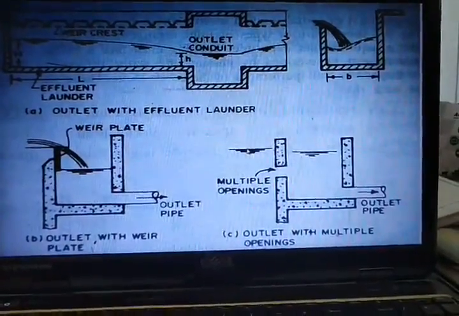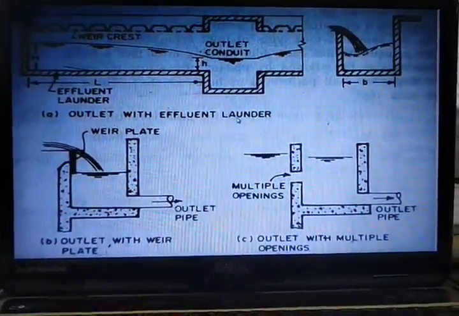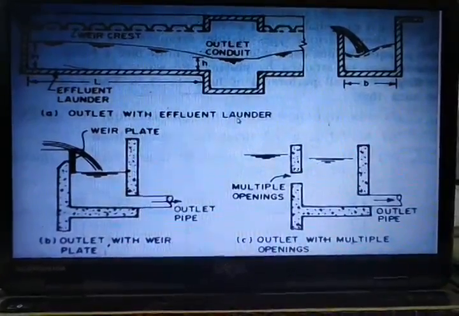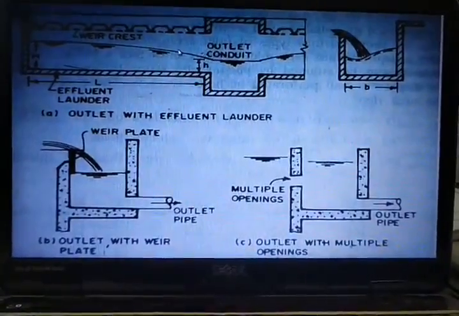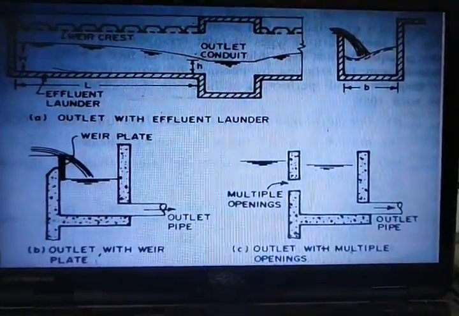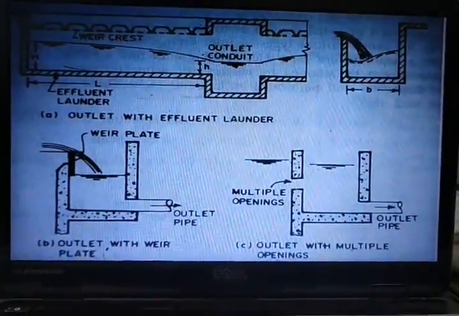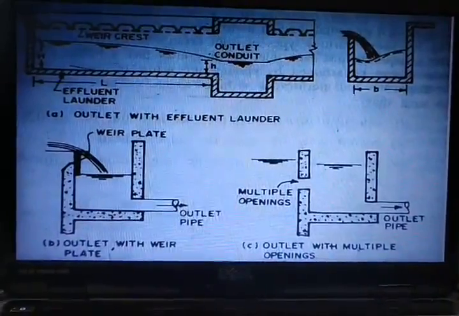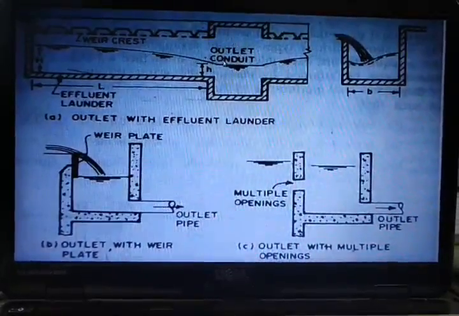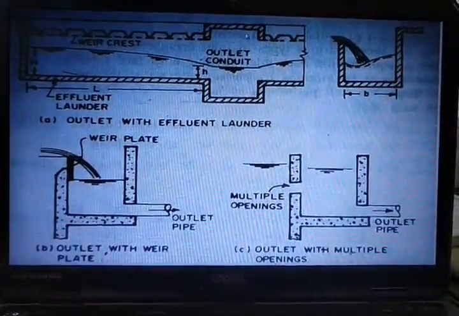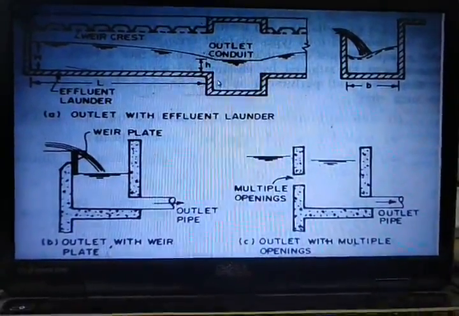Again, these kinds of arrangements are done in order to prevent turbulent mixing of the water, because if the water enters into the system, it may create some turbulence, so it may again mix up the settled solids. So in order to avoid that, we provide this kind of arrangement.